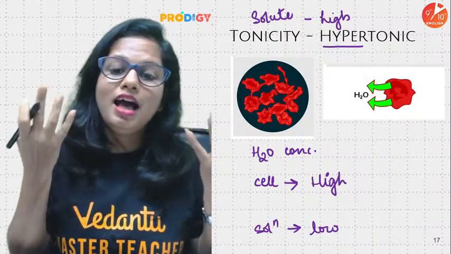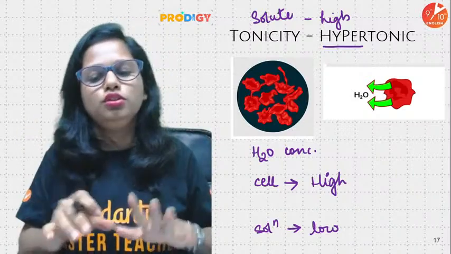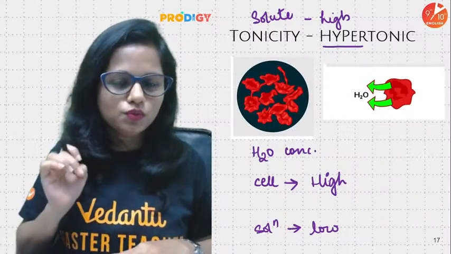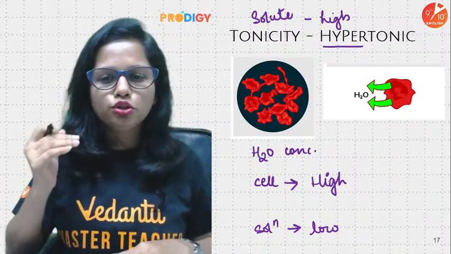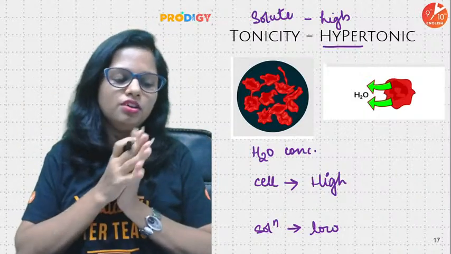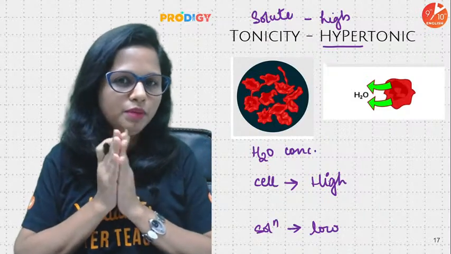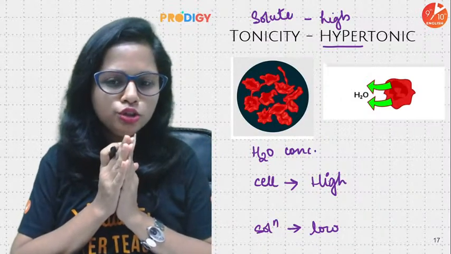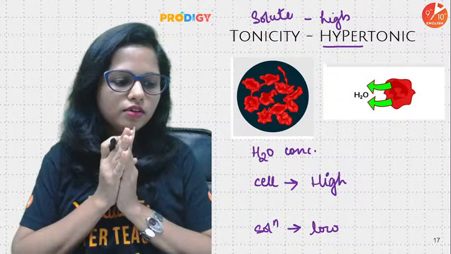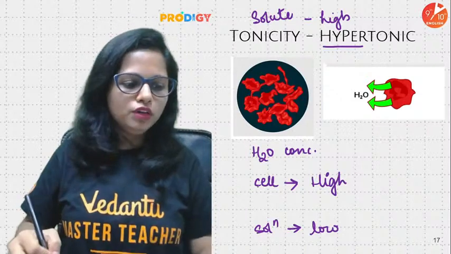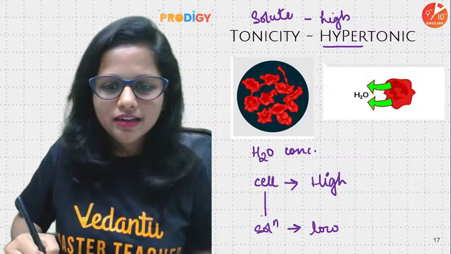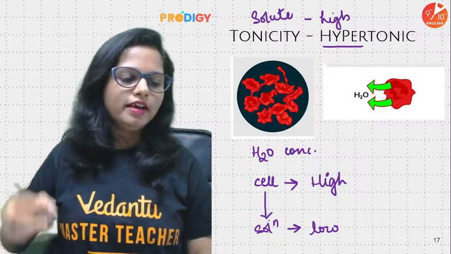So the water is high in the cell and low in the solution. So in this case, will water move from cell to solution or solution to cell? Come on everyone. It will move from cell to solution.